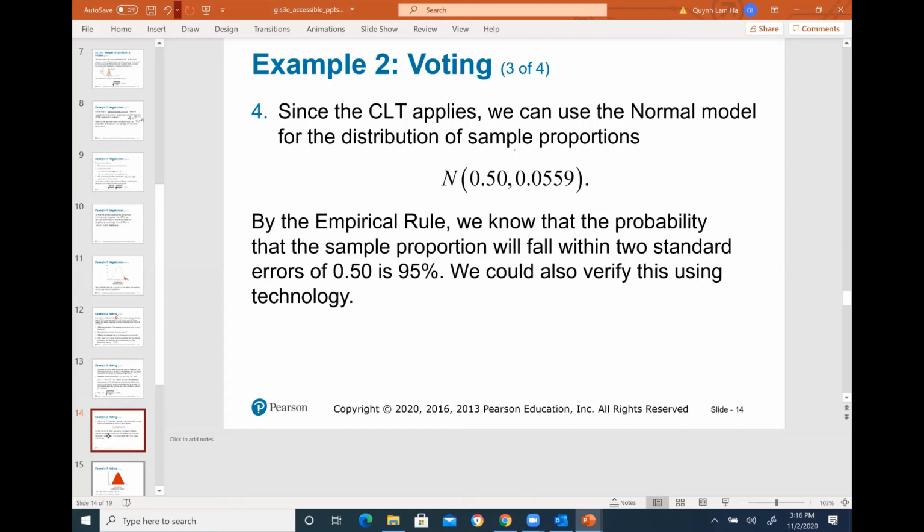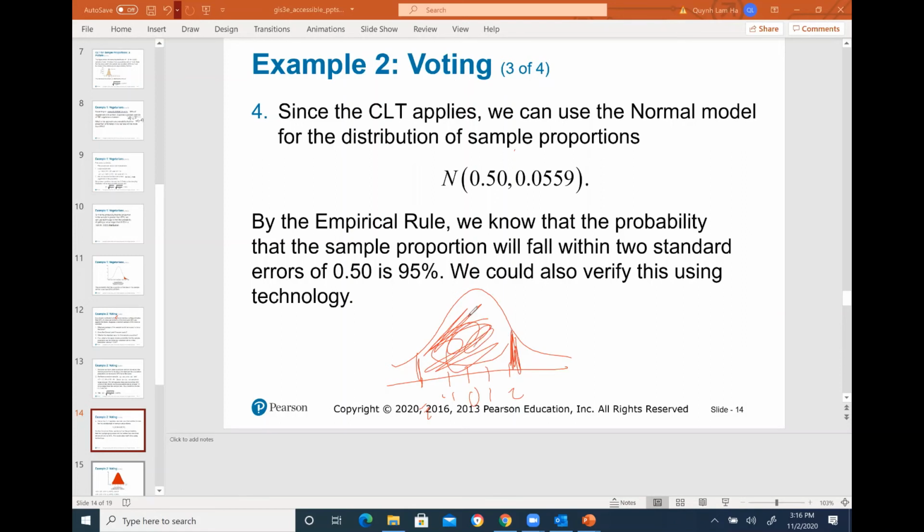Because with 95% in the middle like this, right? Two standard error, this is our mean. One standard error right there, -1, is 2, this -2. So this is what we call the data right here.